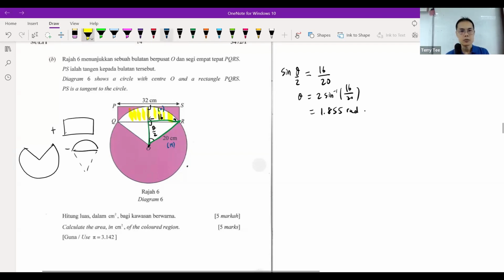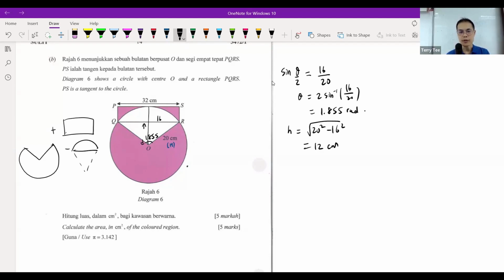So for this angle, we already know that this is 1.855. At the same time, this length we know is 16, this is 20. We can use Pythagoras theorem to find this height. So the height here should be the square root of 20 squared minus 16 squared. That will give us 12. You can use your calculator. It's 12.